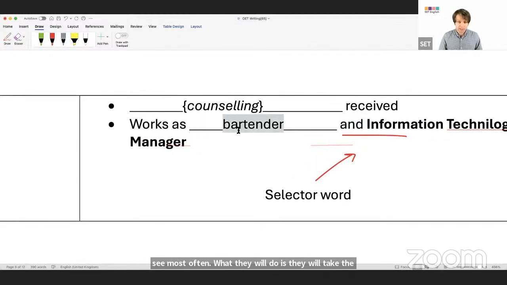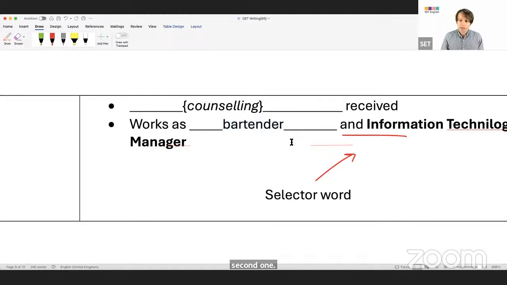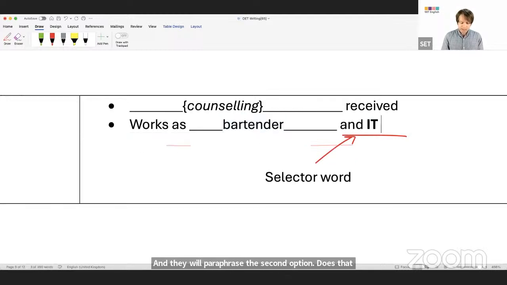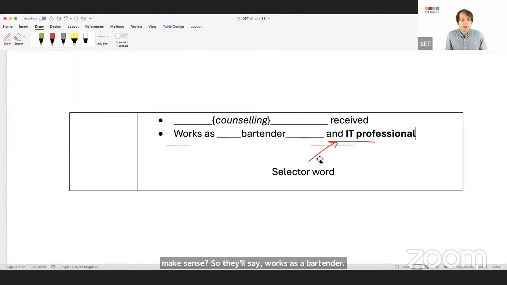Okay, let's listen again to this. I'm going to put here IT professional. Okay, listen to this. And in terms of what I do, my job, well, I work on the weekend as a bartender, and I'm also working in technology. I work for a startup.